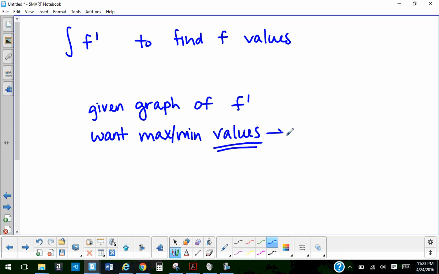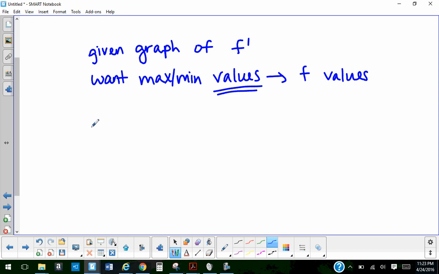So that would be actual f values. Okay, well, say you established that you need to check, I don't know, x equals 3 and -1 and 1/2, or something like that. So those are the ones I need to check.